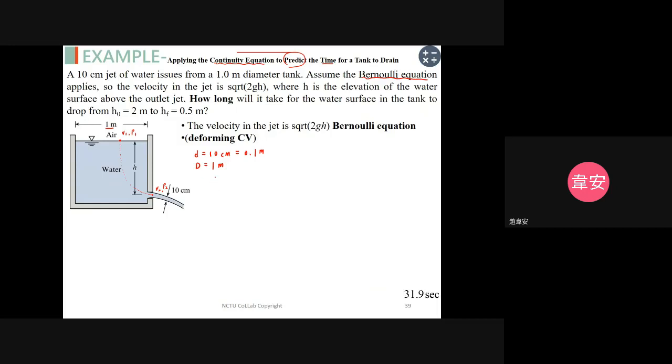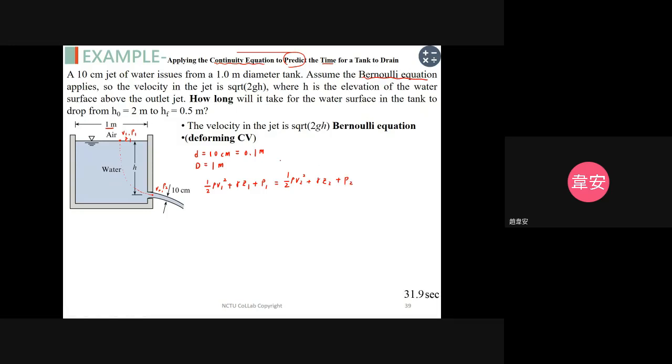Based on the Bernoulli equation, 1/2 rho V1 squared plus gamma Z1, where Z1 is the height in here, plus P1 is equal to 1/2 rho V2 squared plus gamma Z2 plus P2.